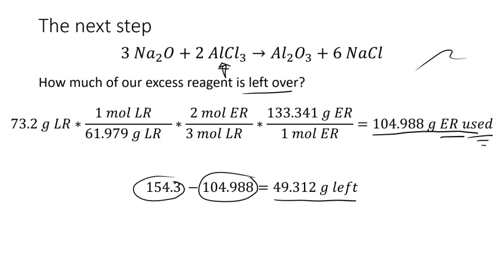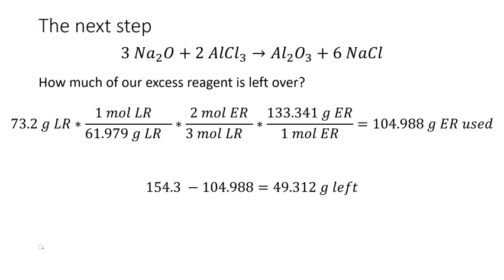So that is how to find, one, what your limiting reagent is, and then two, how much of your excess reagent you are going to have left over after the reaction finishes. So those are limiting reagent calculations.